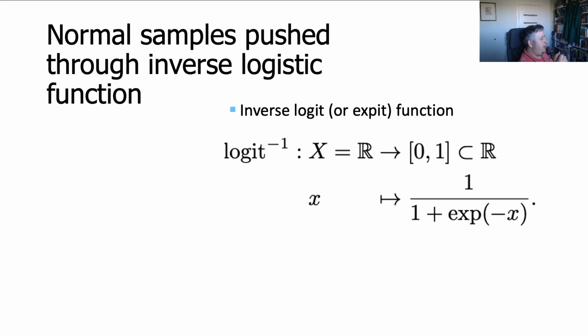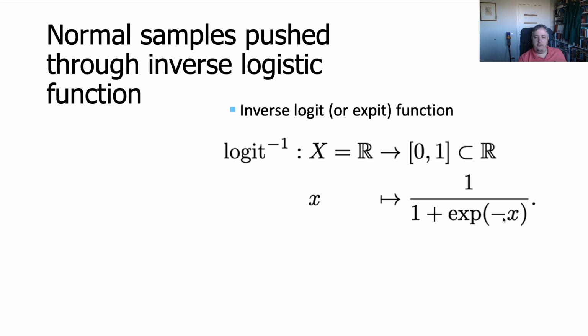If we move to something else, so for example we want to constrict our samples to the 0-1 interval, so we have a function of a random normal number, we can use an inverse logit function, also the expit function, that will transform from real numbers to the 0-1 interval, and it looks like this.